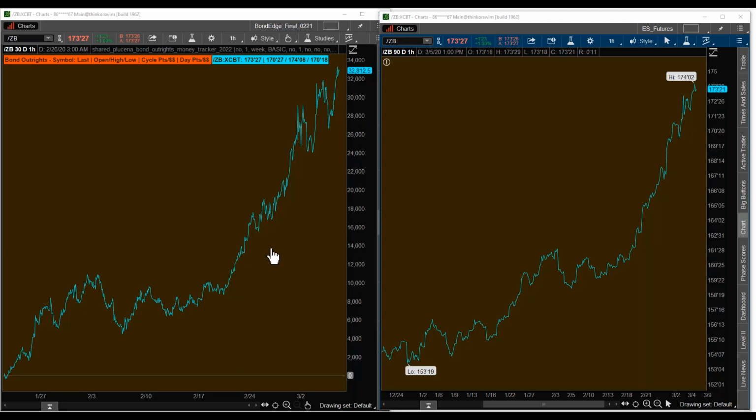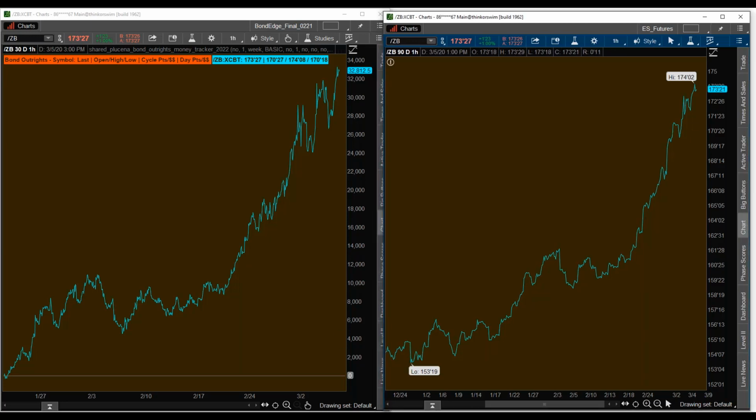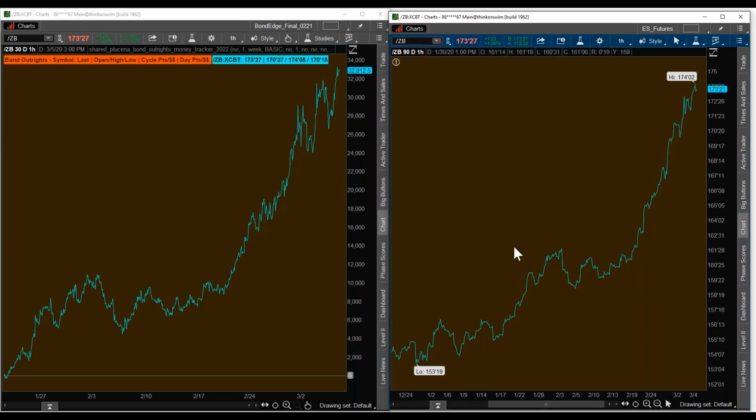So in front of you, ZB futures. What's the difference? Anybody notice the difference between these two? The one on the right is just normal Thinkorswim. The one on the left is the bond tool, Bond Edge. Simple, right?